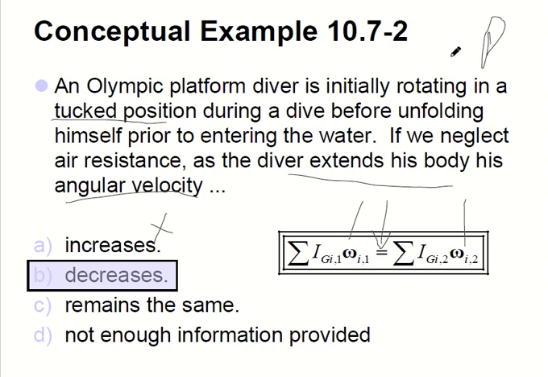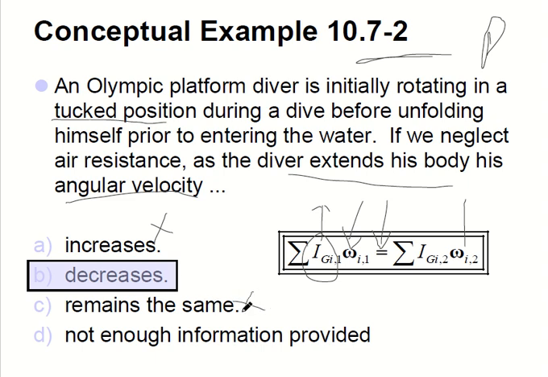Tuck position is like that, extending his body becomes like that. So in that case, your mass moment of inertia is going to increase. In order for us to preserve the whole conservation principle, if you increase this, you have to reduce this. So therefore, angular velocity definitely decreases.